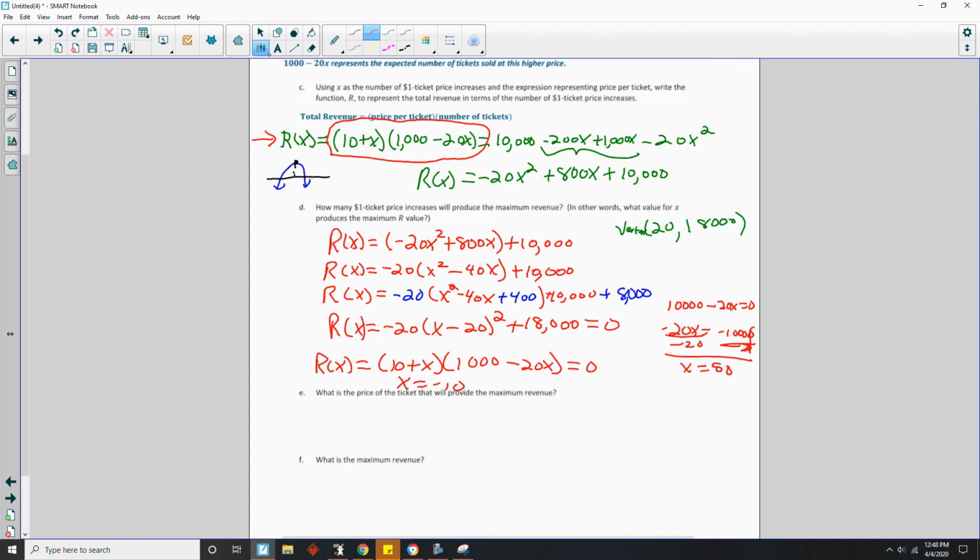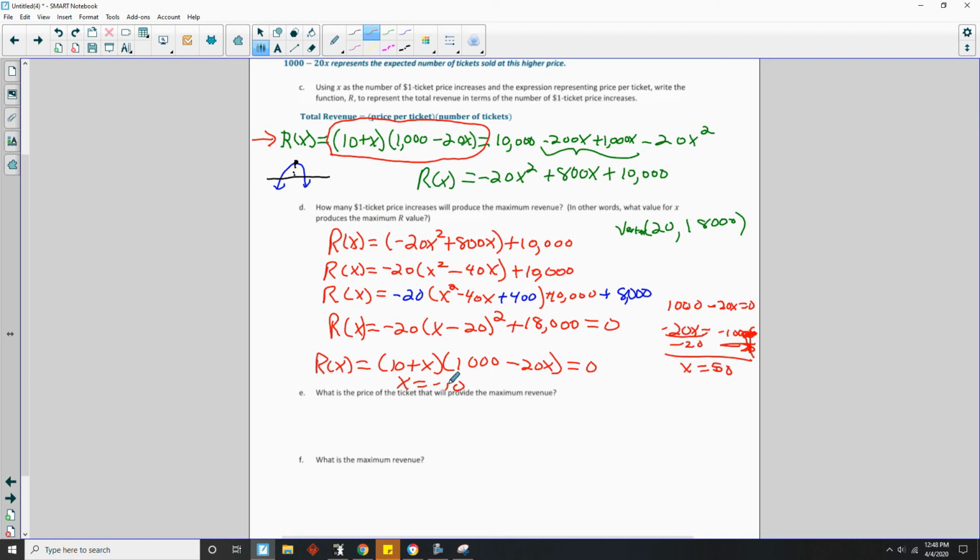Oh, it's not 10,000, it's 1,000. So I was confused there a little bit, it didn't make any sense, and I always take a step back, and that should be 1,000. 1,000 minus 20x equals 0. Subtract 1,000 from the other side. 1,000 divided by 20 would cancel this 0 and this 0. Negative 100 divided by negative 2 is positive 50.